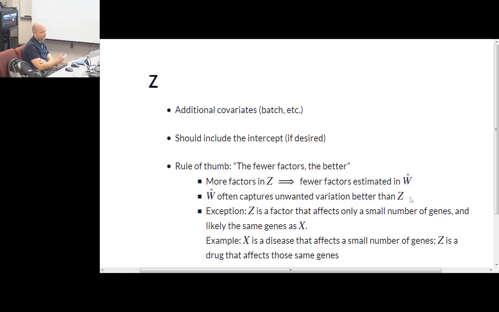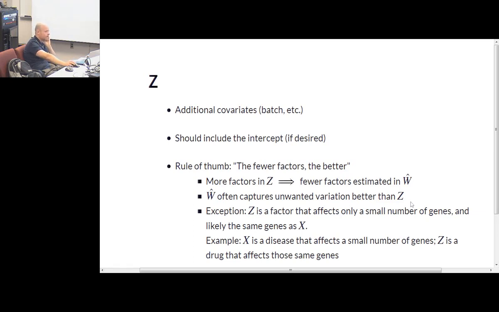It's things like differences in the reagents, various technical differences that differ between the batches. So I guess what I'm saying here is that the batches are at best a proxy for the actual unwanted variation. And letting the algorithm estimate that unwanted variation rather than including it yourself often performs better.